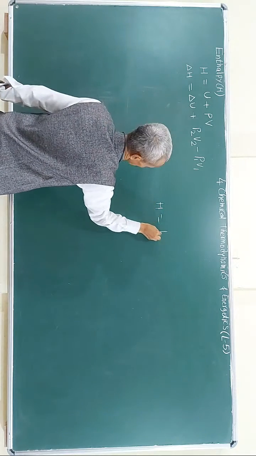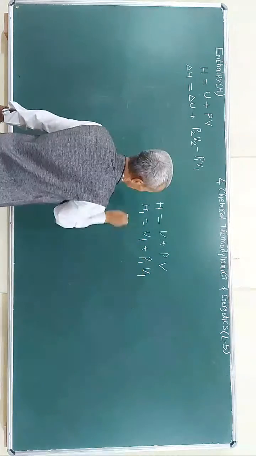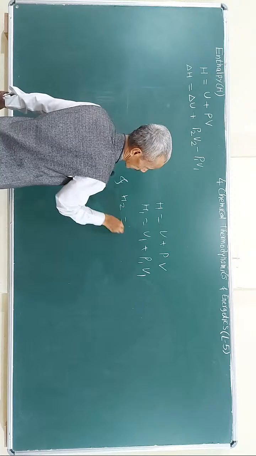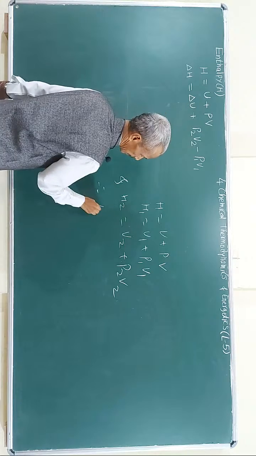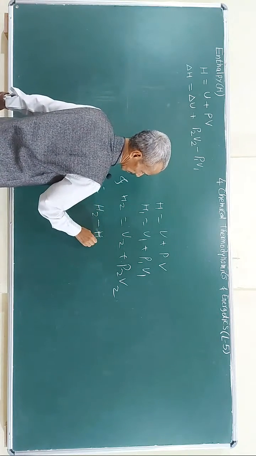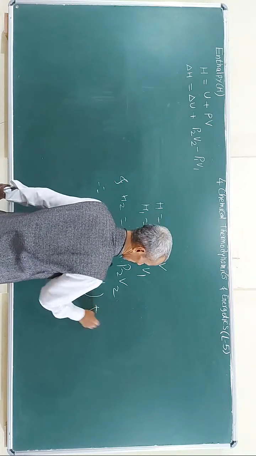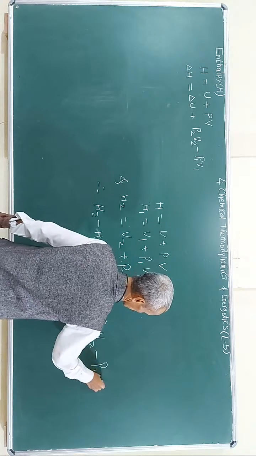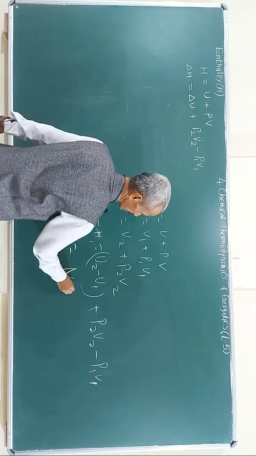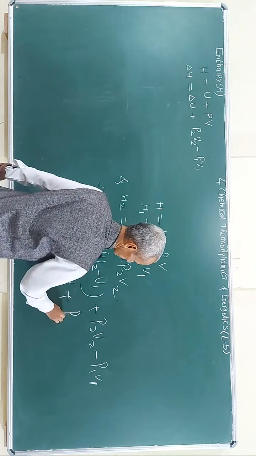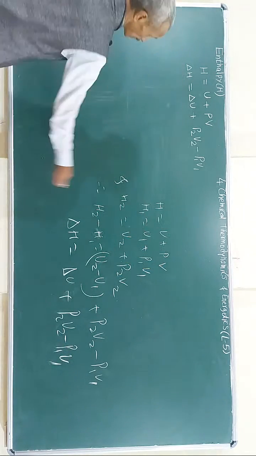Suppose H is equal to U plus PV, then H1 is equal to U1 plus P1V1, and H2 is equal to U2 plus P2V2. Then H2 minus H1 is equal to U2 minus U1 plus P2V2 minus P1V1. So this is nothing but delta H is equal to delta U plus P2V2 minus P1V1.